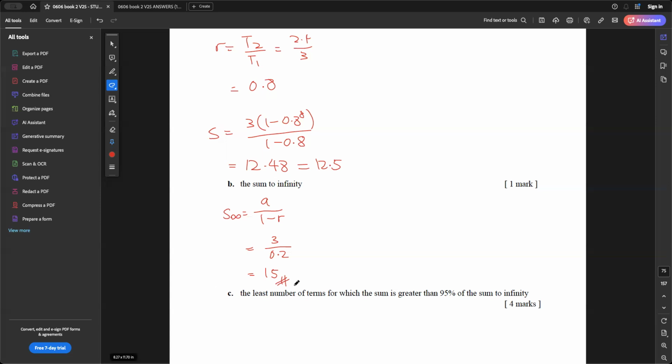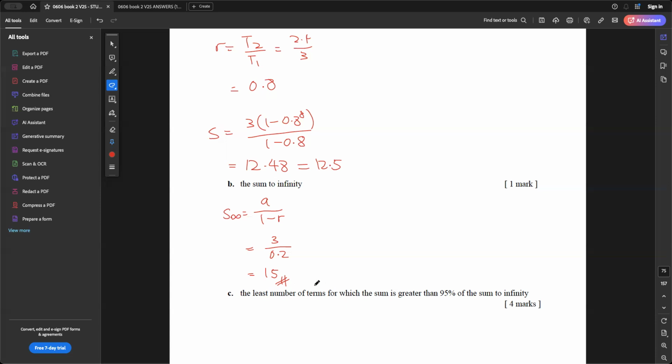Okay, anyway. The least number of terms for which the sum is greater than 95% of the sum to infinity. So what does this mean actually? In terms of formula, which formula are we using? The sum of the terms to the sum to infinity formula.